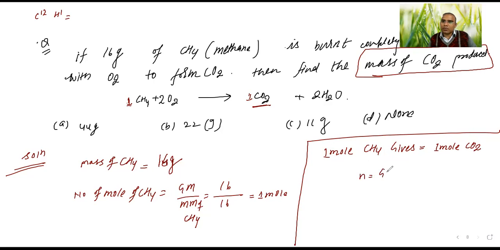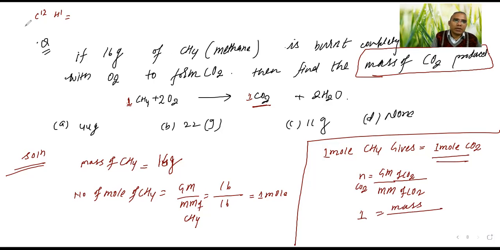n is equal to given mass over molar mass. So n of CO2 is equal to given mass of CO2 over molar mass of CO2. We already have 1 mole, and the given mass is divided by the molar mass of CO2. Can you calculate?